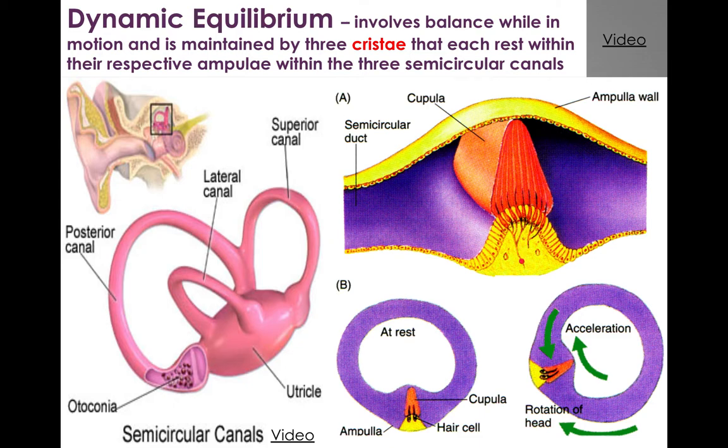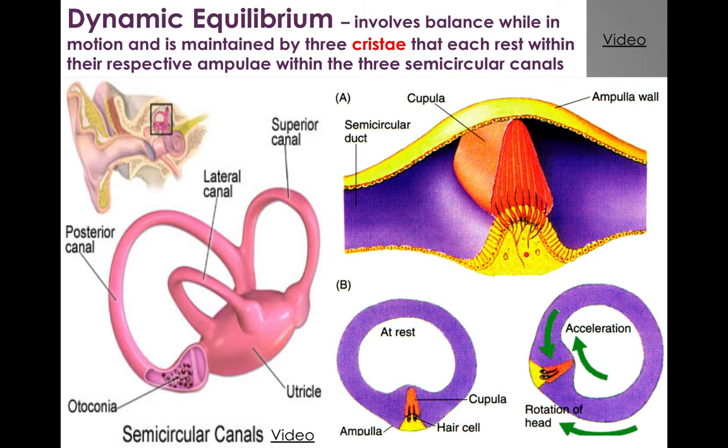So again, as the endolymph moves, the cupula moves, the hairs are moved, causing depolarization in the cells, which will be picked up by the sensory neuron.